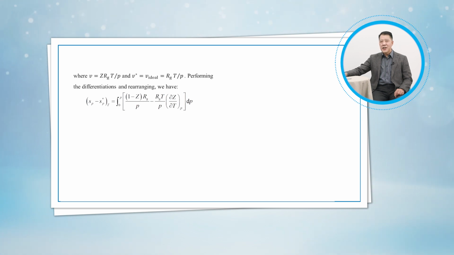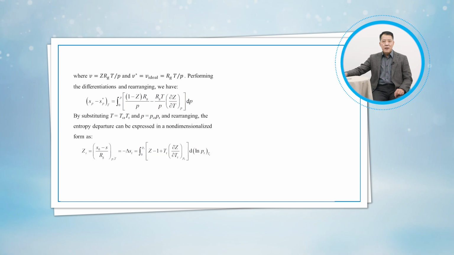Performing the differentiations and rearranging, we obtain the following. By substituting T and P and rearranging, the entropy departure can be expressed in a non-dimensionalized form as shown. The last term is related to the entropy departure, which has been determined.